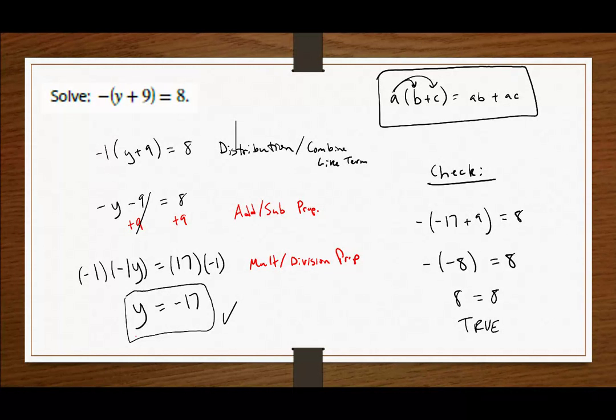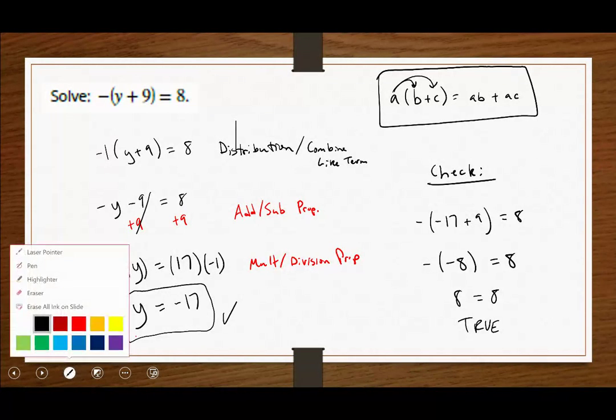Finally, once we've separated the variables to one side and constants to the other, we'll use the multiplication or division property, and we've described instances in which you would choose one or the other. So let's look at some more examples here and show how the complexity can be increased.